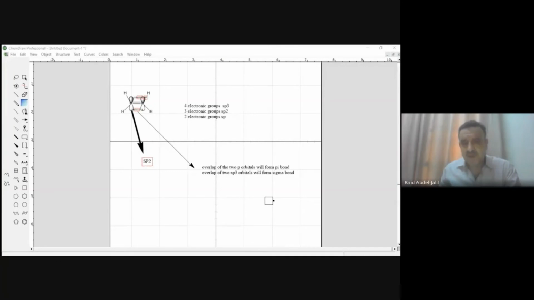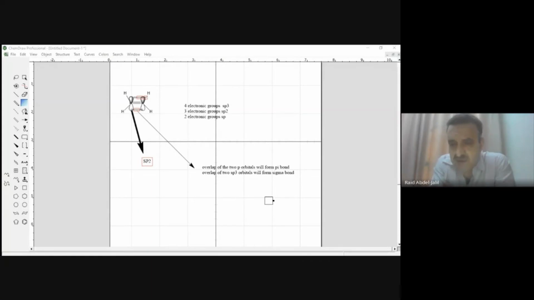Now, the answer is always that sigma is a stronger bond compared to pi bond. This is always true. Why is that?